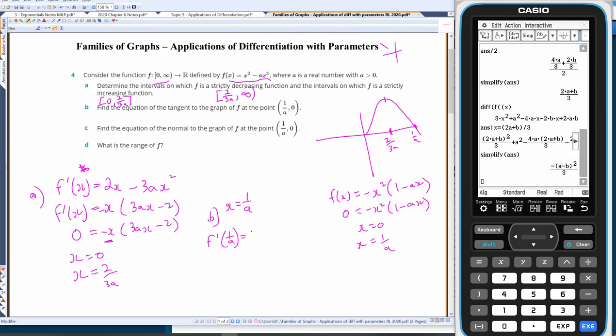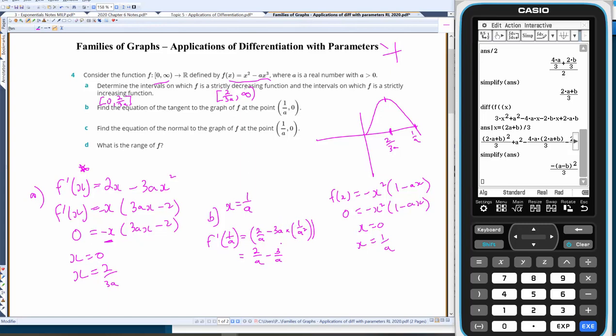Okay, so let's sub that in. That's going to be 2 times 1 on A, that's 2 over A, take away 3A multiplied by 1 on A squared. That's going to be 2 on A, take away 3 on A, I believe.